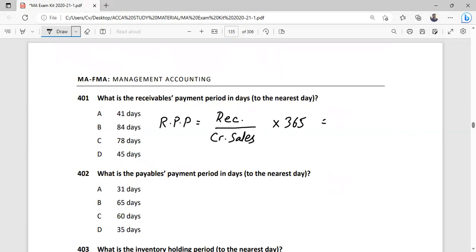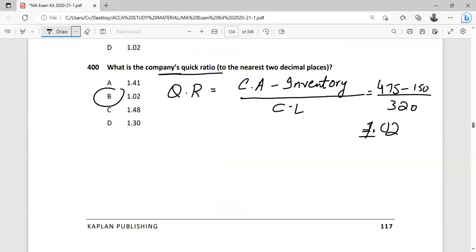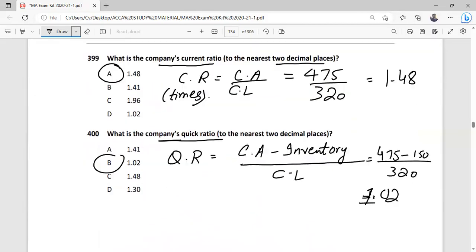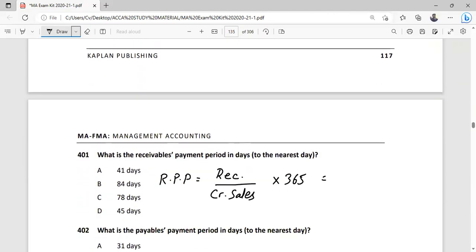Here we have receivables of 300,000, and our revenue is 2.7 million, and we are assuming that the whole revenue is credit sales. So 300,000 divided by 2700 into 365. Your days are 40.55, so we can say 41 days. Any question?